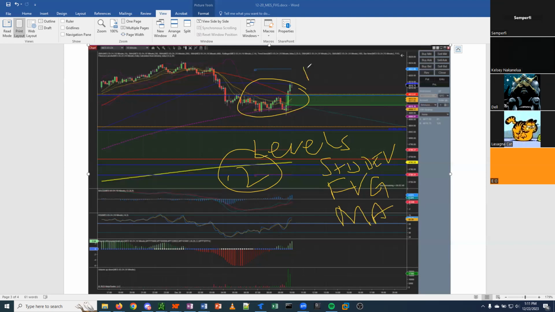So price action first, PA, levels, any of these levels right here, and then all these levels third.